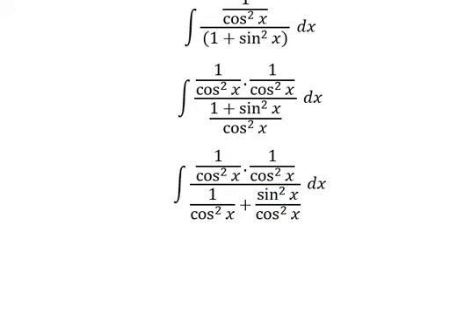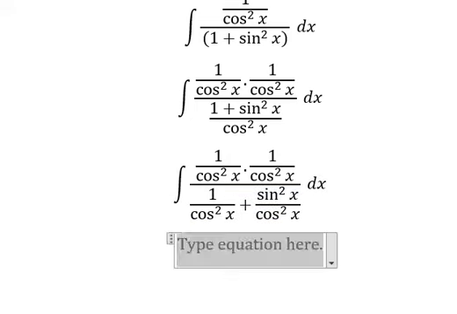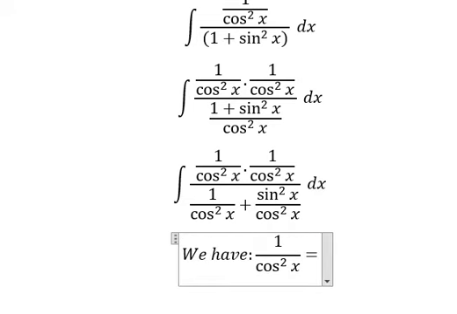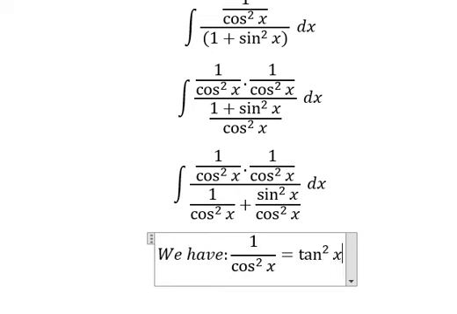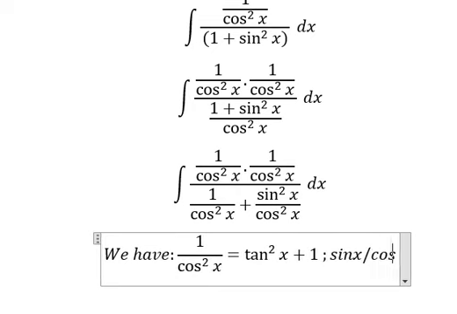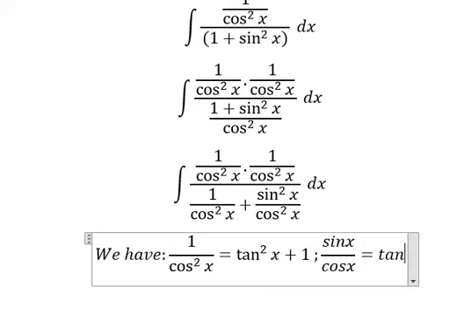Now we have a formula in here. 1 over cosine x square is tan x square plus 1. And sin x over cosine x we change for tan x.